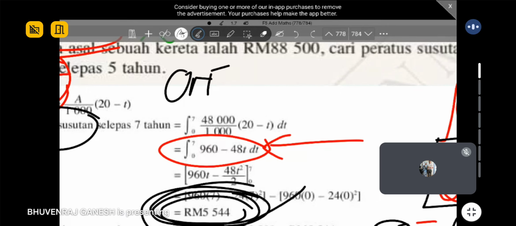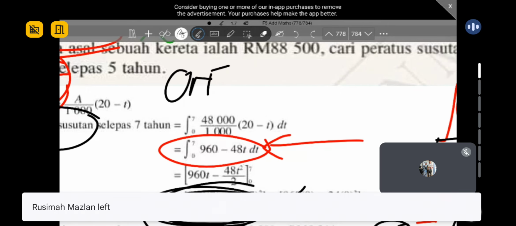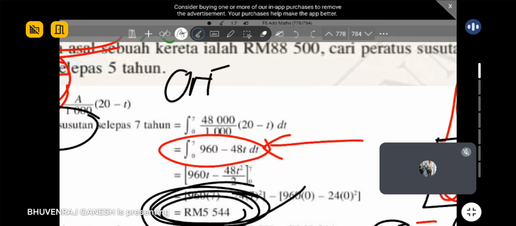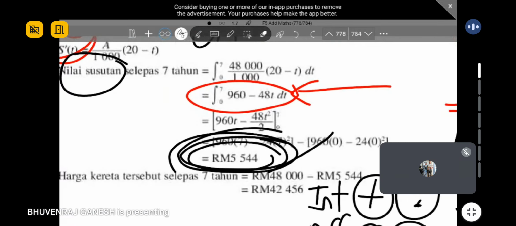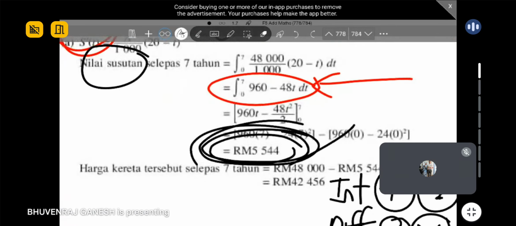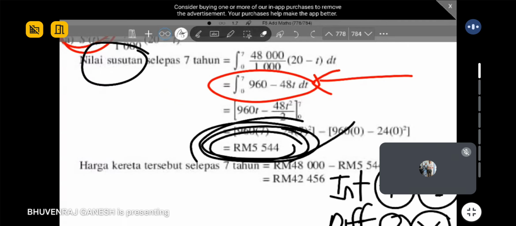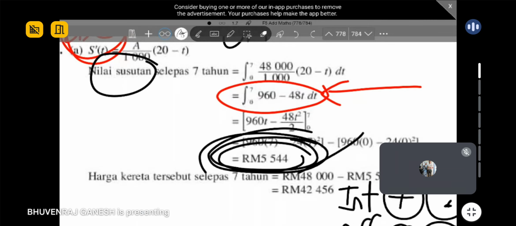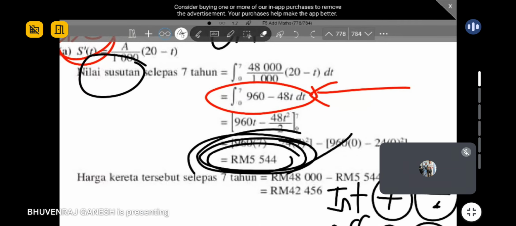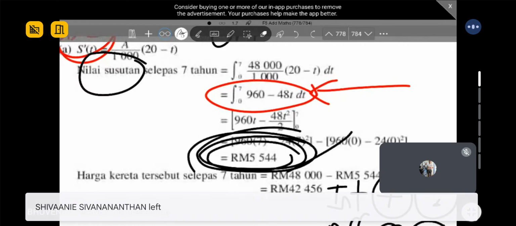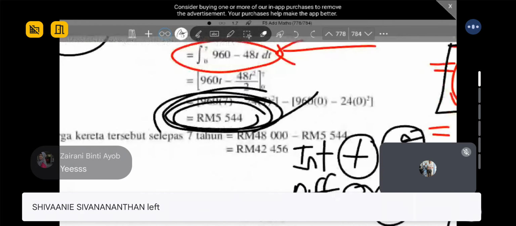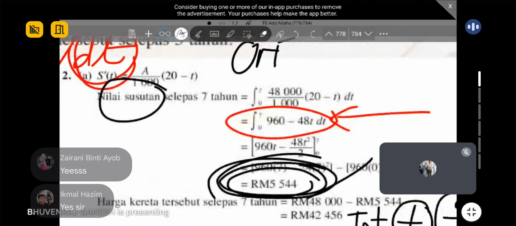The original value minus how much it decreased. You will get the new value. So that's why the answer looks like this. Understand, guys? All of you get it? The concept for question A: original minus the decrease, then you get the answer. Okay, very good.